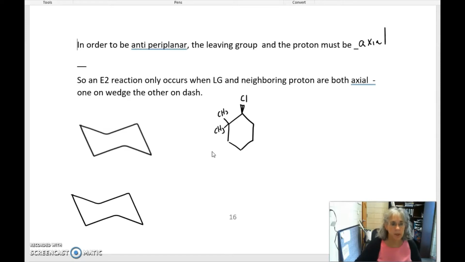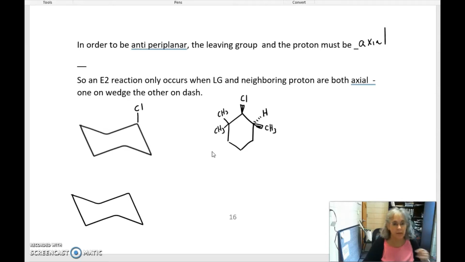On this position, we're going to have a hydrogen, a proton on a dash, and I'll put a methyl group on a wedge. So let's translate that and put it on our chair. Because I know I want this to be in an axial position, I'm going to put this chlorine in an axial position. I have to put it up because it's on a wedge.